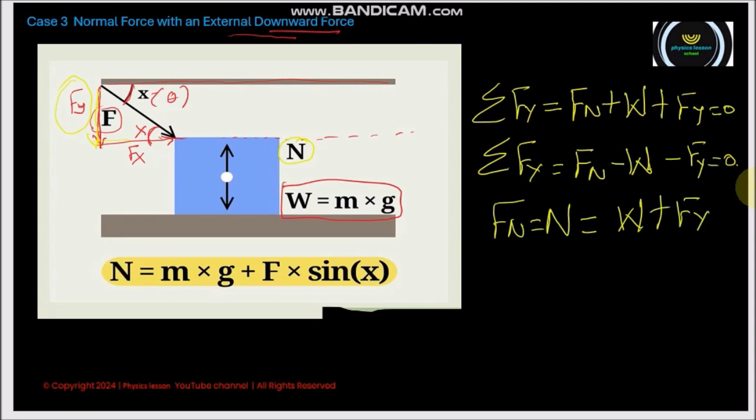This Fy means F, this force, times sine x, which is equal to the weight, already mass times gravity, plus Fy.